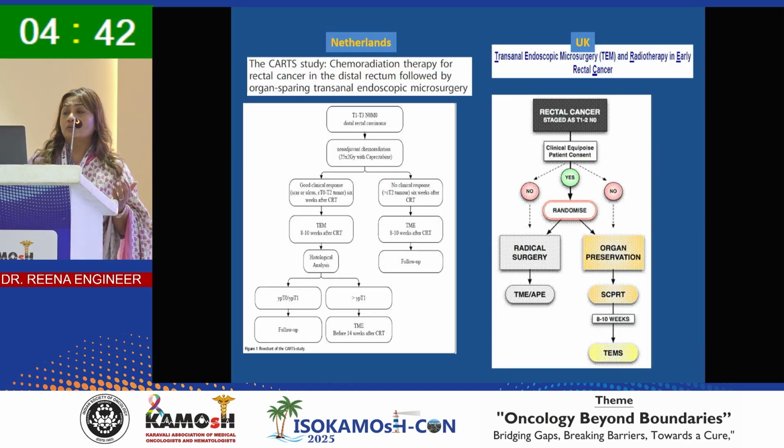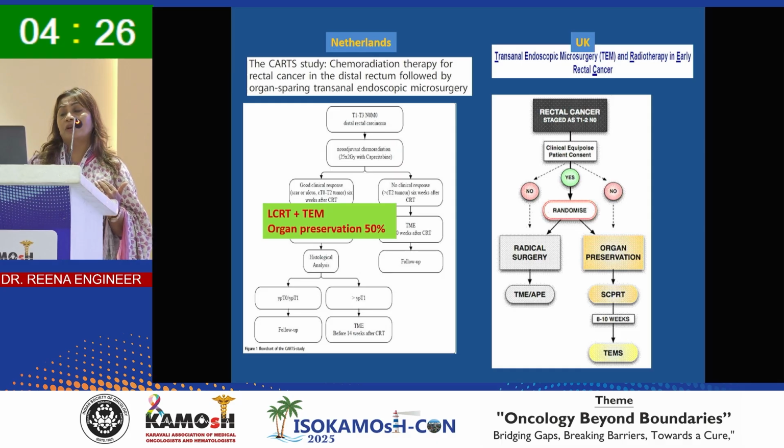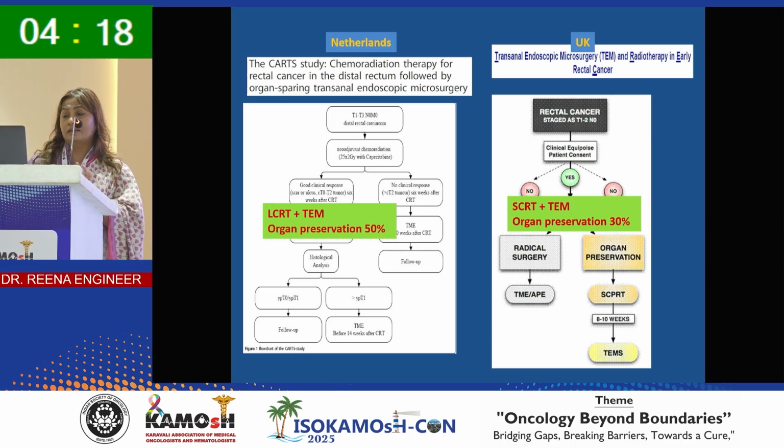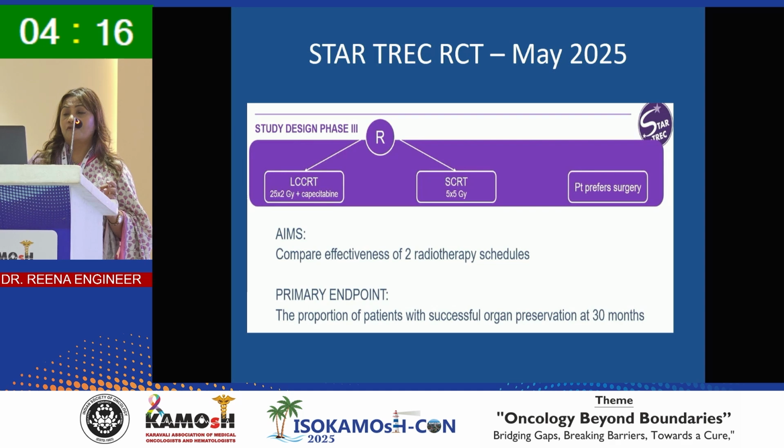And this led to two trials from the Danish group, where they used long course radiation followed by excision versus short course radiation followed by excision. Long course with TEM achieves a higher preservation rate compared to short course with TEM, 50% versus 30%. But in that trial, I think the characteristics were different.